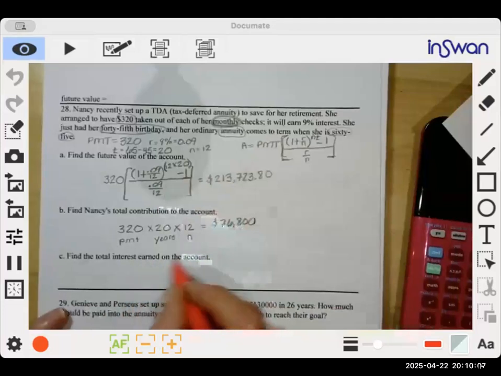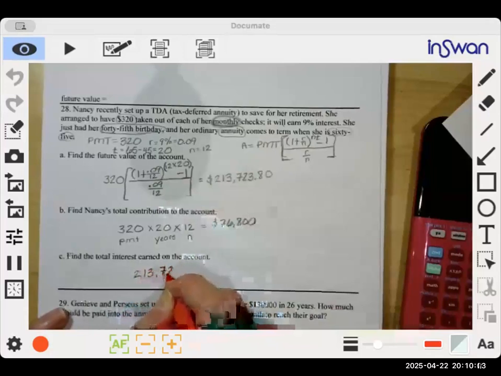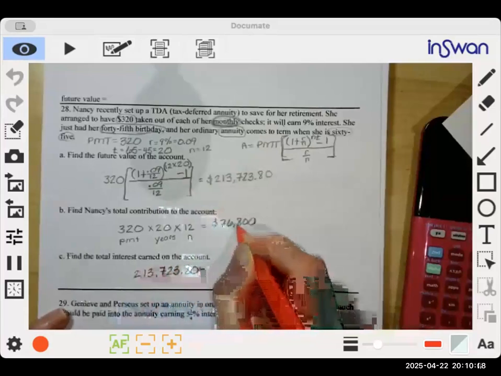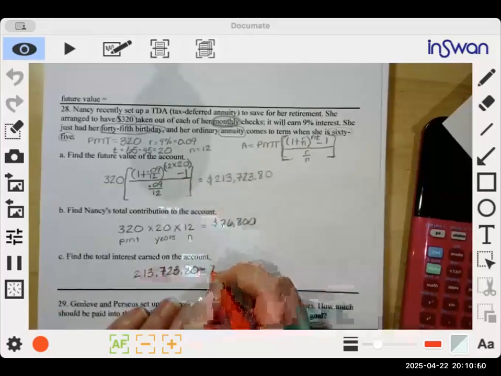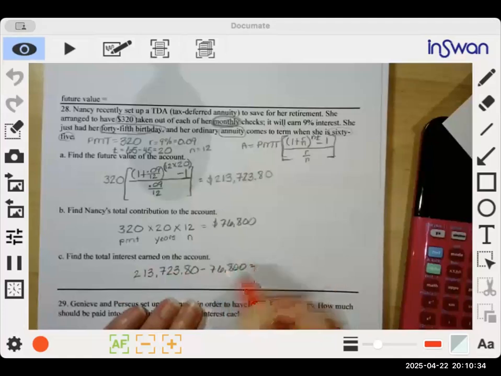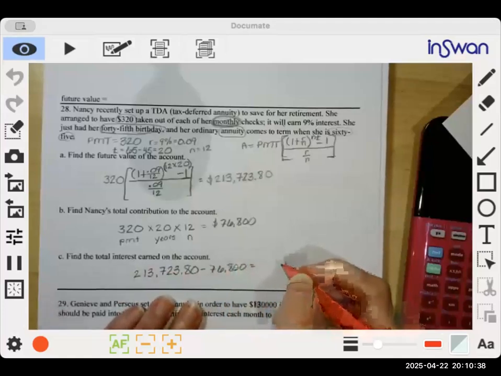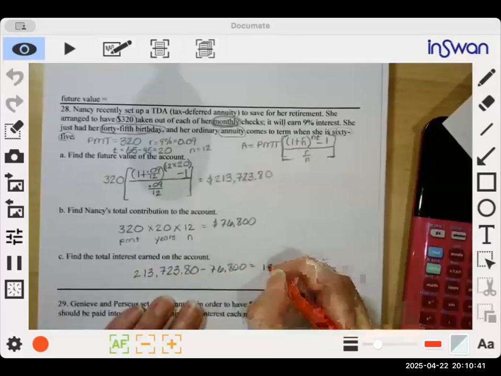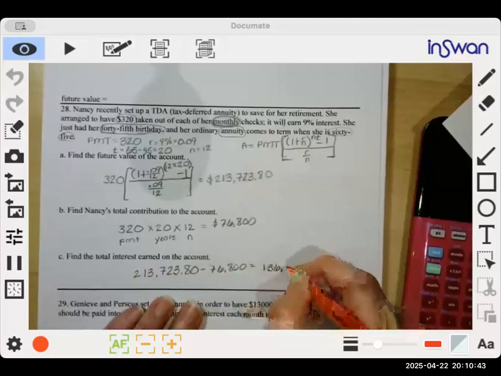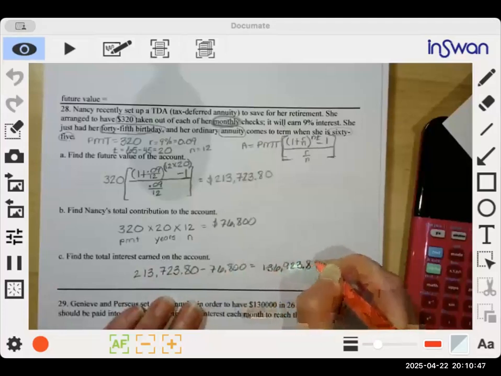So then for the total interest, we take the amount of money in the account at the end minus how much she contributed, and that's 136,923.80.